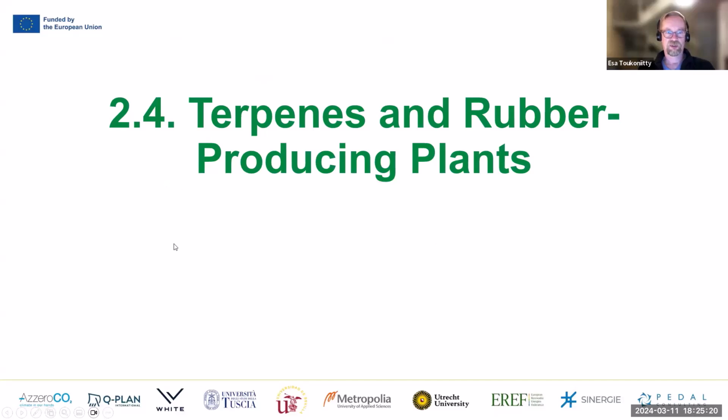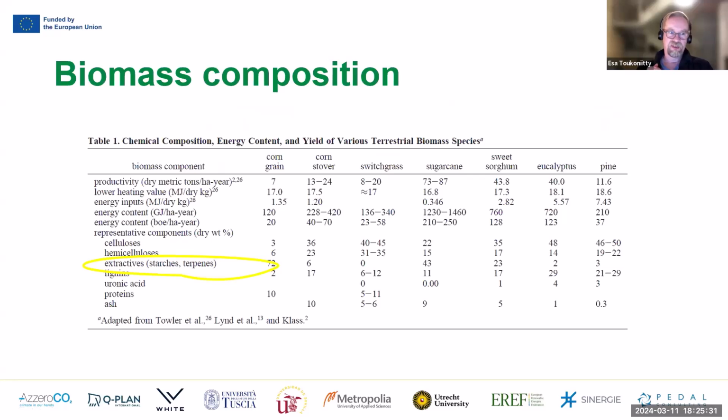The next group of biomass components are terpenes. I mentioned that these were part of the extractives, meaning that if you treat the biomass with some organic solvent, the terpenes tend to enrich from the biomass into the organic phase.